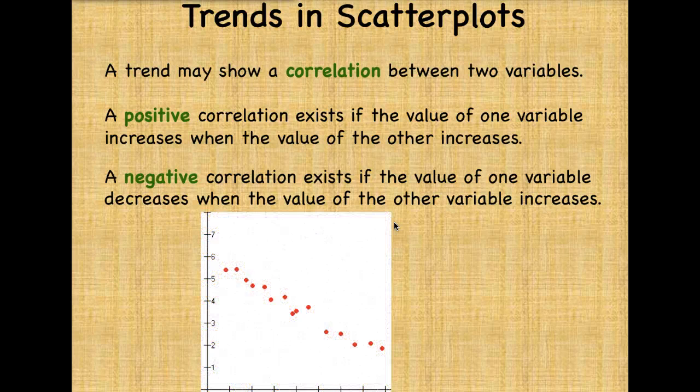A negative correlation, on the other hand, exists if the value of one variable decreases while the value of the other variable increases. Notice that on our x-axis, as we get bigger, our y-axis values get smaller. You can think of this just like a linear function. This would have a negative slope if we were to plot a line through here.